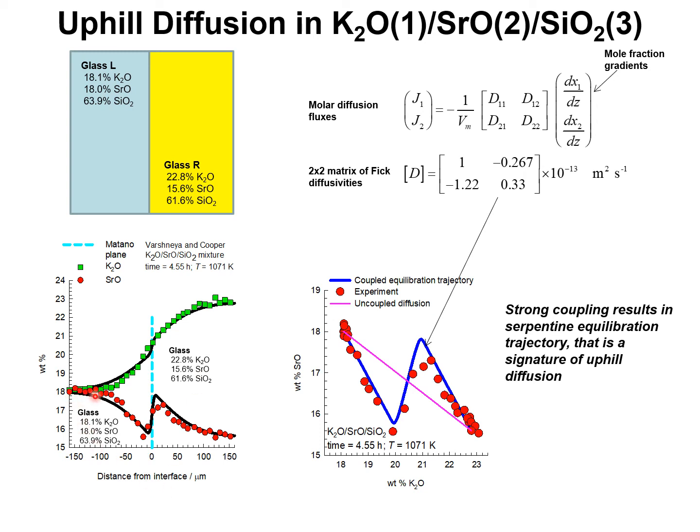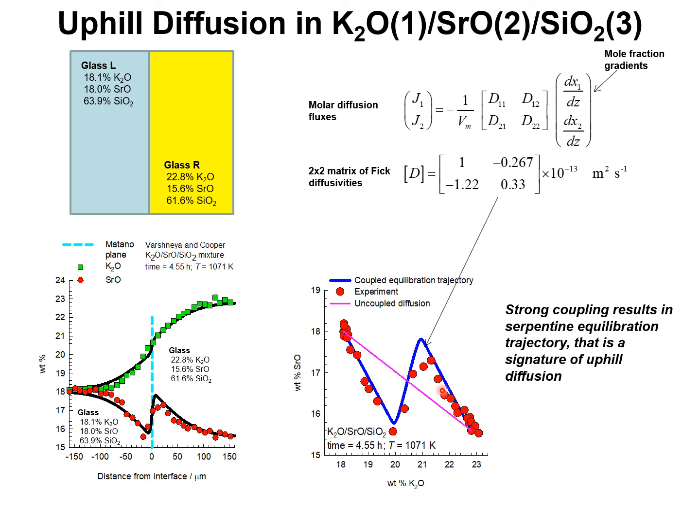We note that strontium oxide, component 2 in our ternary mixture, experiences uphill diffusion in this region, and when plotted in two-dimensional composition space, we note that the equilibration trajectory exhibits a serpentine character.